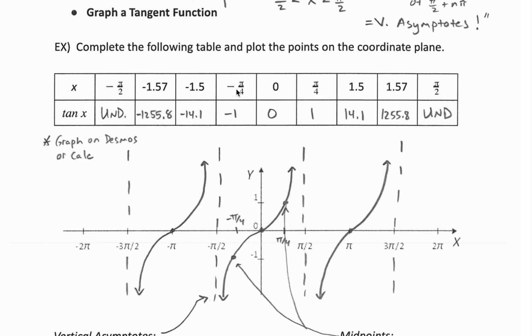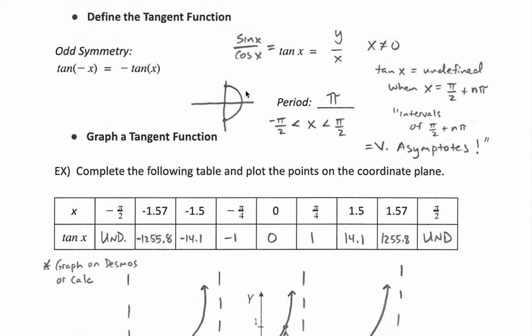One more time. Negative pi over 4. Let's evaluate that. We actually don't need our calculator for that. We know that if the coordinates of pi over 4 are the same, square root of 2 over 2, then when I plug that into my ratio and I divide my coordinates, I'm dividing a coordinate by itself, and so I get 1.